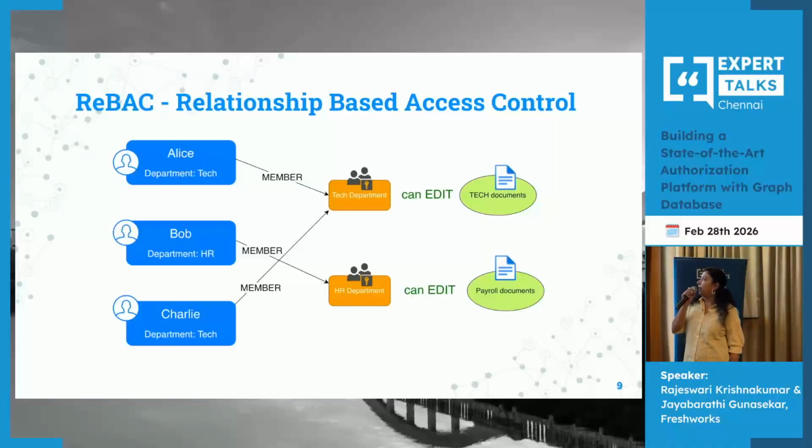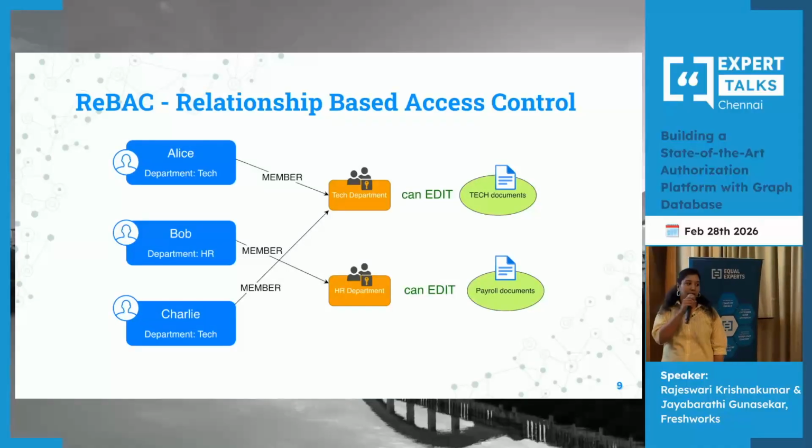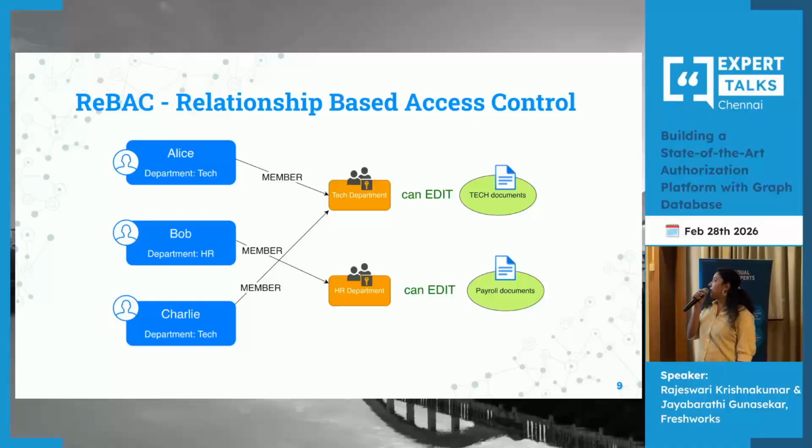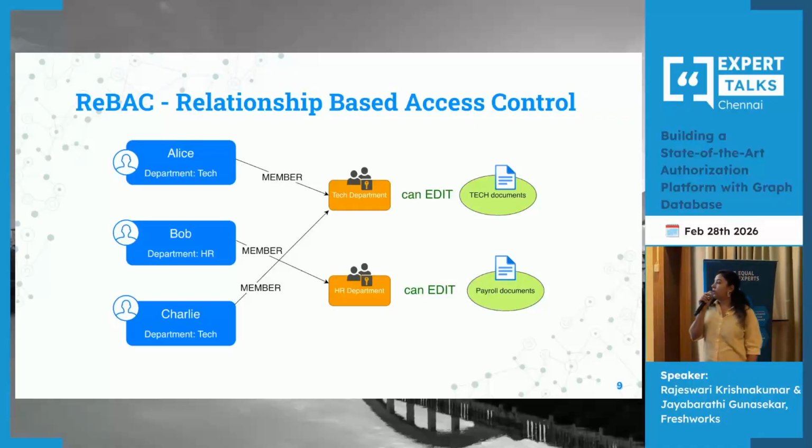The next common model is ReBAC, relationship-based access control. So here what we do is we have different users. We associate them to a particular department. So you say Alice is a member of the tech department. Charlie is also a member of the tech department.